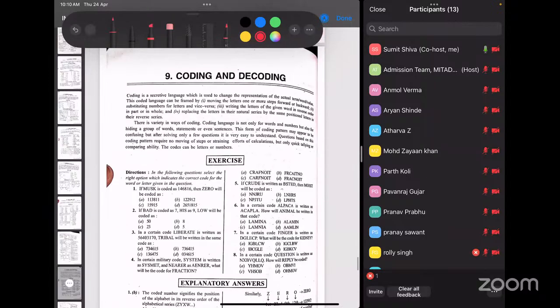Next concept is coding and decoding. Do you know this concept? No, sir. Okay, in this concept, letters will be given certain numbers with some logic. That logic will be unknown.